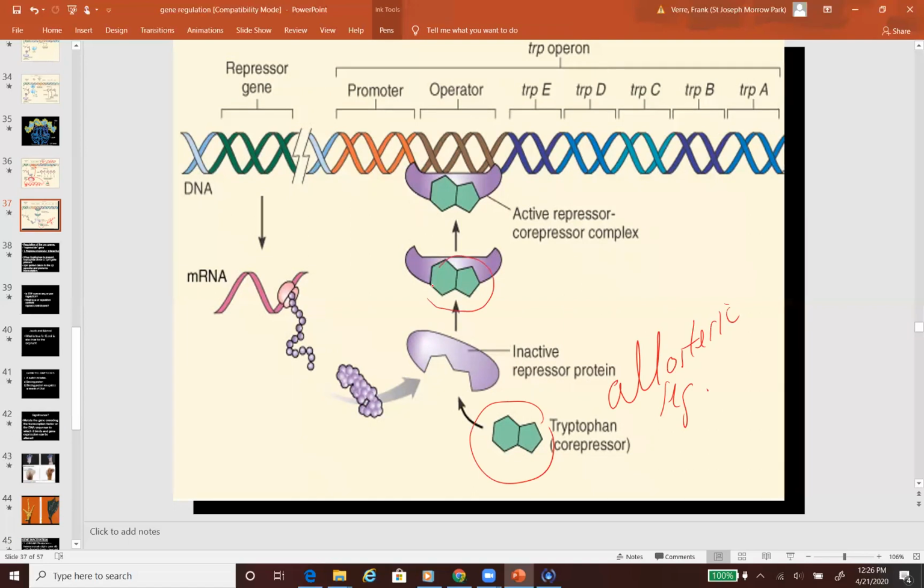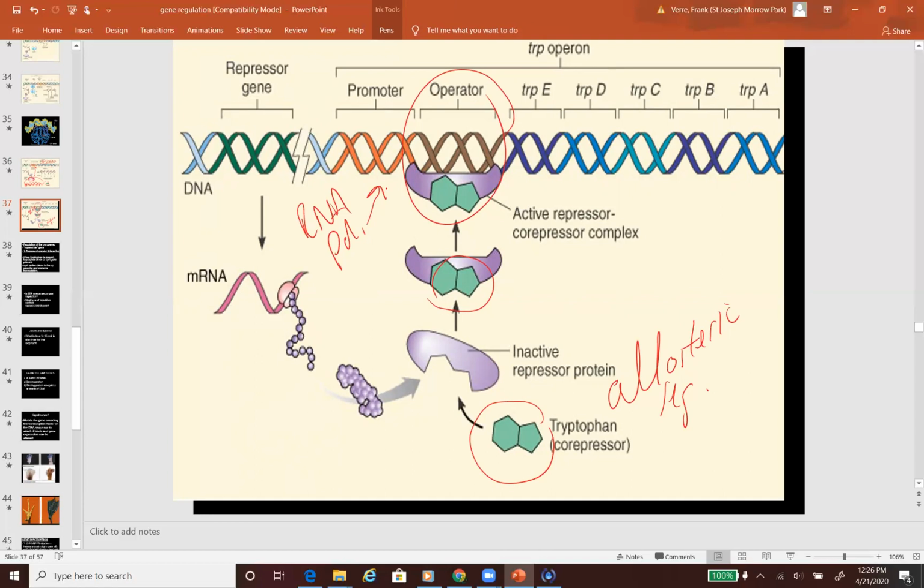You can see it here, which then changes the shape of my protein. Now my repressor protein becomes active. And you can see that it binds in that same region and will block the RNA polymerase from being able to transcribe the genes to make tryptophan.